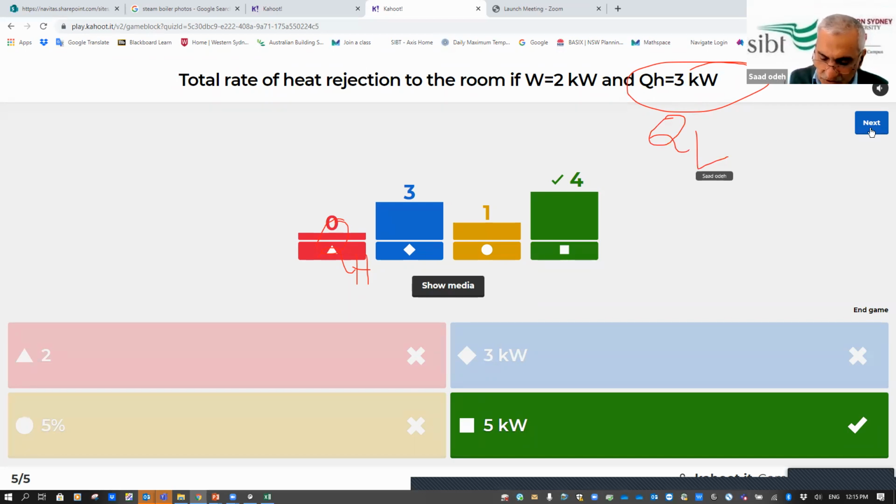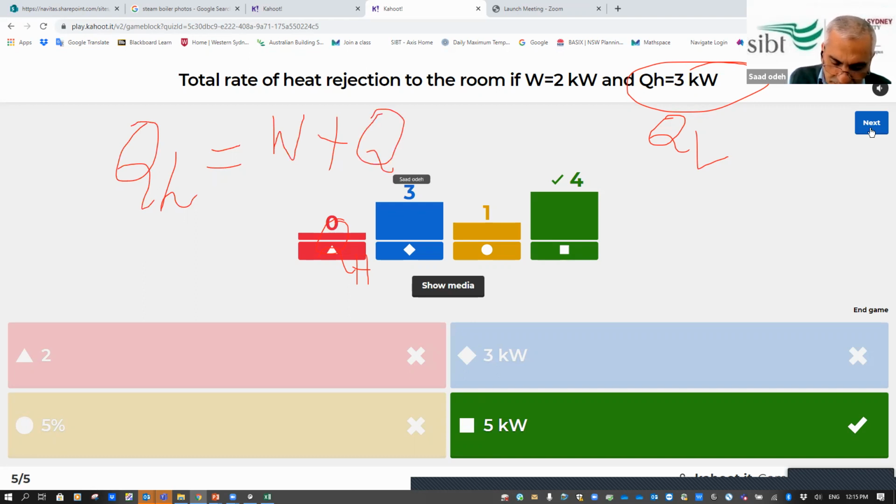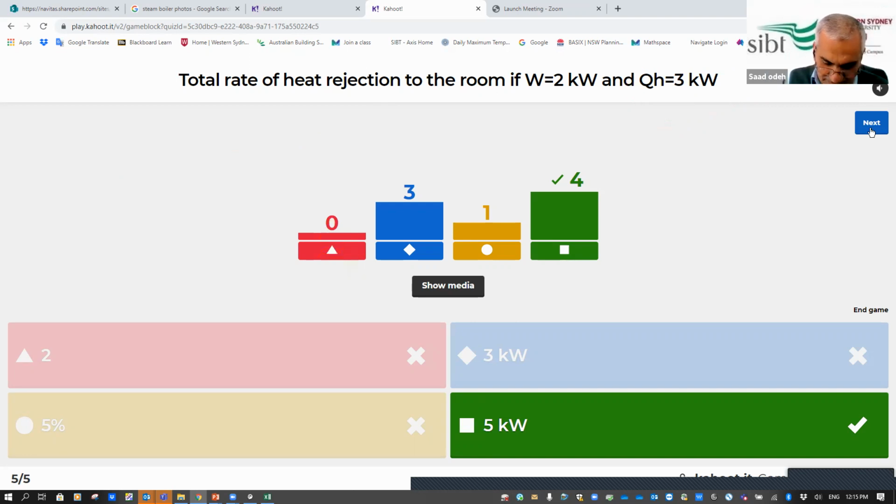Because you add QL, so QH is equal to W plus QL. So you add 3 plus 2, you get 5. Yeah, sorry for this, but anyway, this is a practice for you. Any question about this?